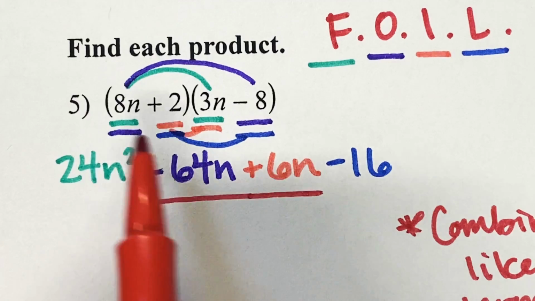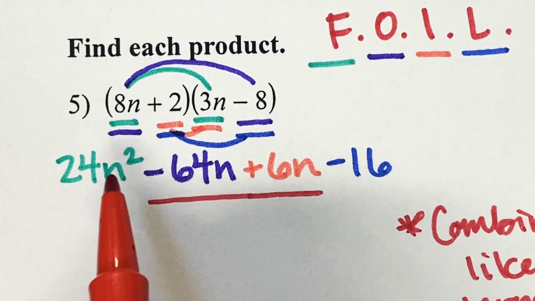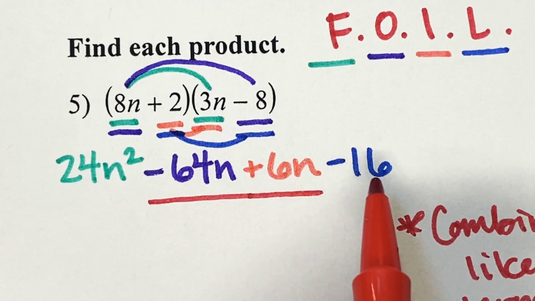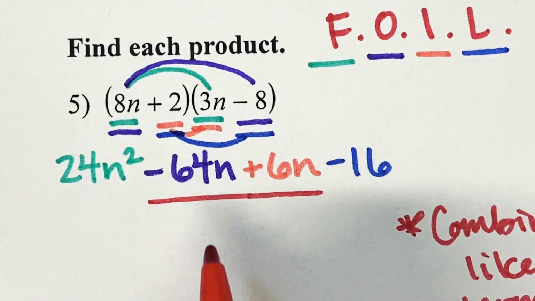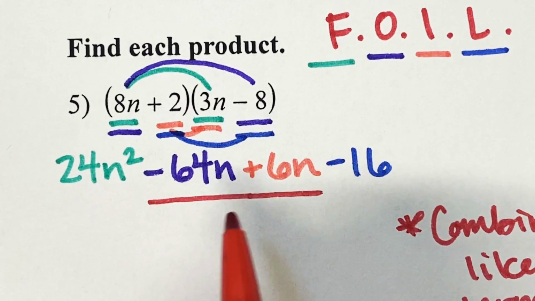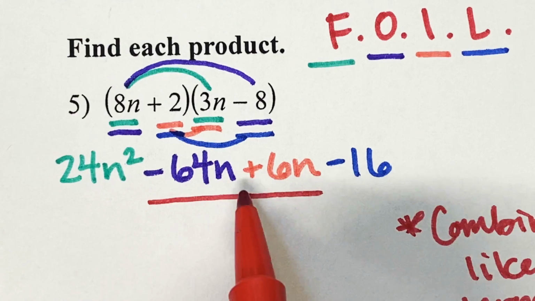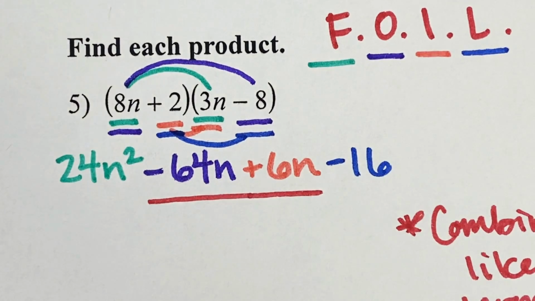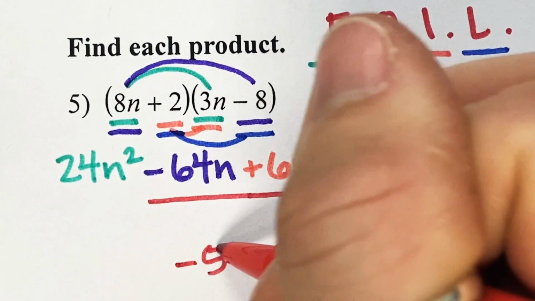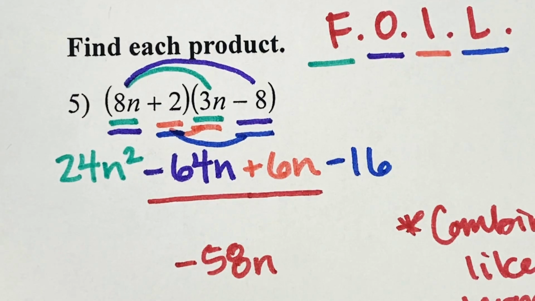Notice we cannot combine 24n squared because I don't have any more n squareds. I only have n to the first power. So we can combine these guys. What is negative 64 plus 6? That's going to turn into a negative 58n in the middle.